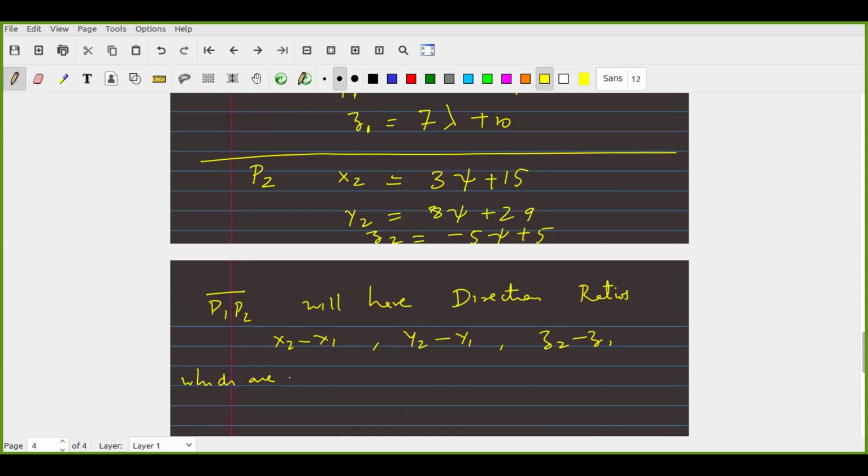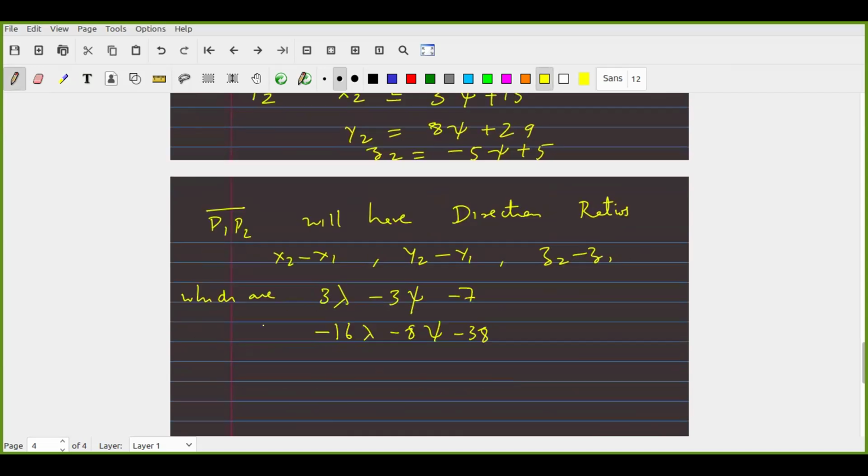X1 minus x2 I would have done. 3 lambda minus 3 xi minus 7, minus 16 lambda minus 8 xi minus 38, and you'll get 7 lambda plus 5 xi plus 5.